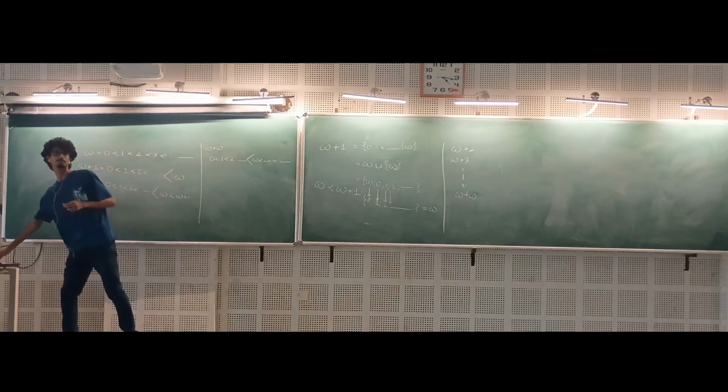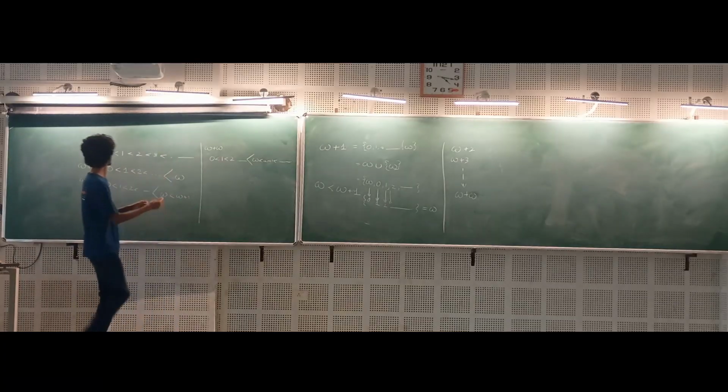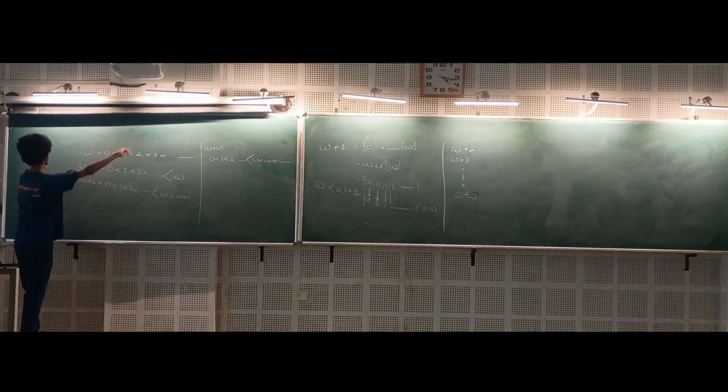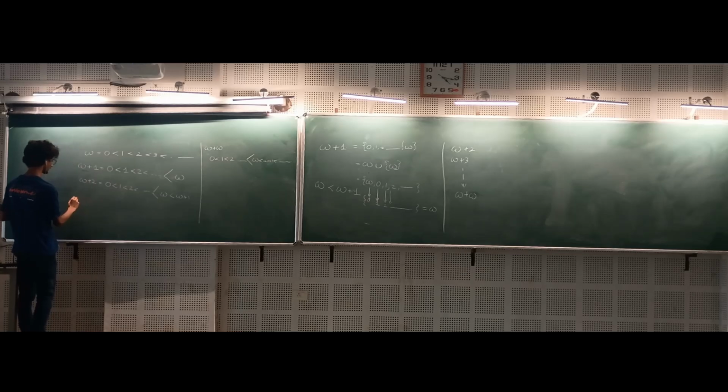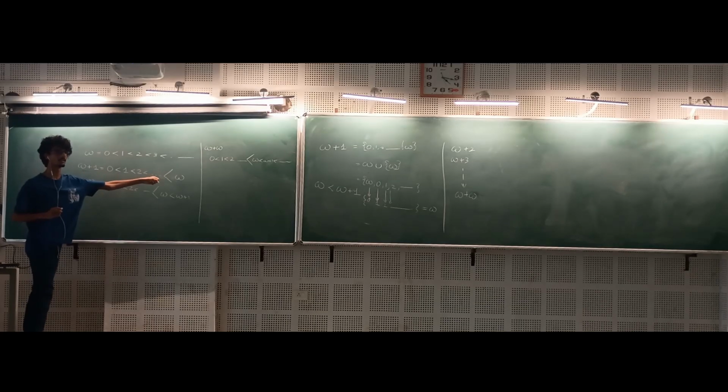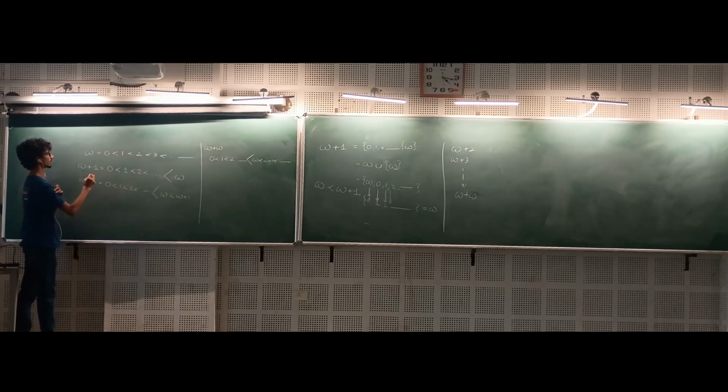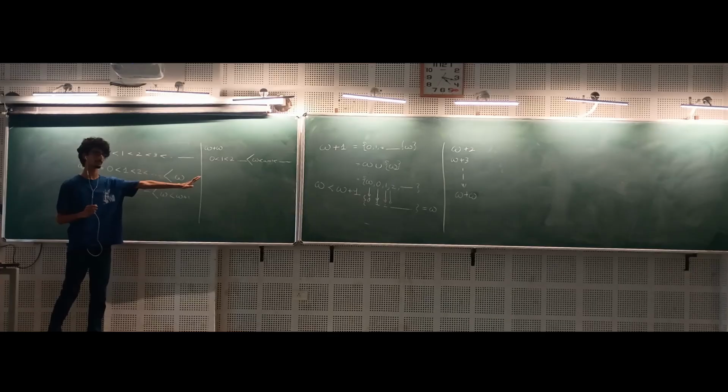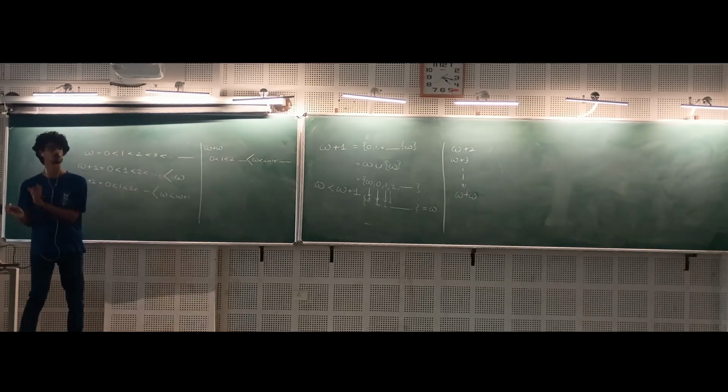Omega plus 1, this one. Okay. Wait, are you confused about what this set is, or about this notation? This notation. Okay. So omega plus 1 is the set that contains 0, 1, 2, 3, all the way till omega. It contains all the finite numbers and also one omega.